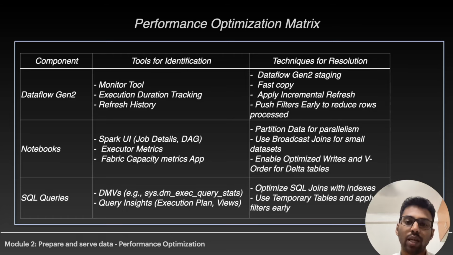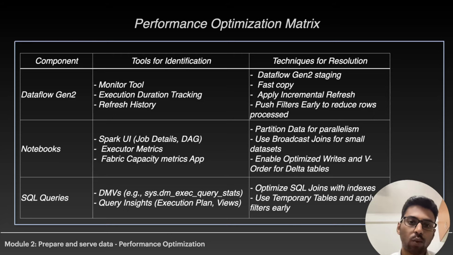The way we can identify it is with the help of the execution plan that you can look at. And you can also use temporary tables and apply filters early to narrow the dataset further on, as and when we process the data further. So those are all the key ideas as a part of this video.